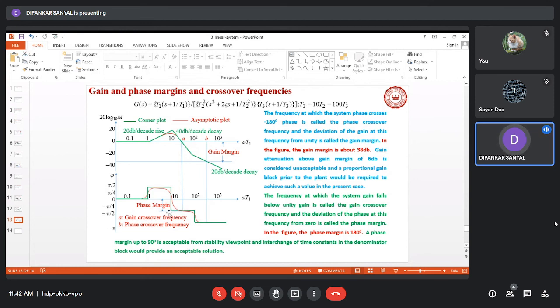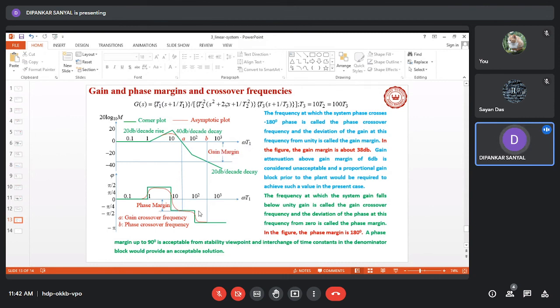And as we have told, minus pi is a very bad thing. So for phase margin, this gap we consider to be the phase margin, and it is better if it is well within 90 degrees, because 180 degree is real bad. 90 degree is at least some kind of compromise.